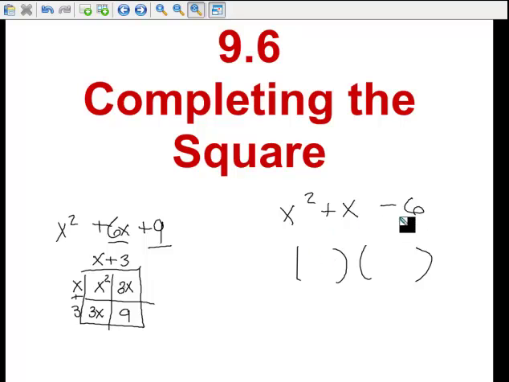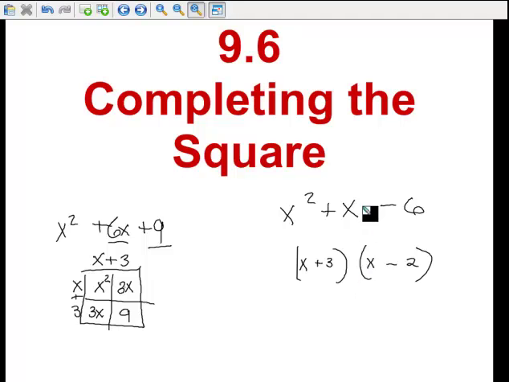Since we have a negative constant, we know that one of our roots is going to be negative, one is going to be positive. So if we think about the factors of negative 6, we have 2, 3, 1, and 6, and a positive 3 and a negative 2 would make that a positive 1 in the sum.